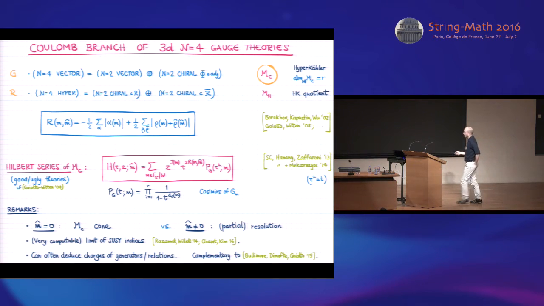So we can apply the previous formula for the charges of the monopole operators, and essentially the only crucial one is that the R charge of a monopole operator is given by this expression. There is a negative contribution from the gauge group or vector multiplet and a positive contribution from the matter fields, the hypermultiplets. And so the Hilbert series of the Coulomb branch can be computed by summing over all magnetic charges.